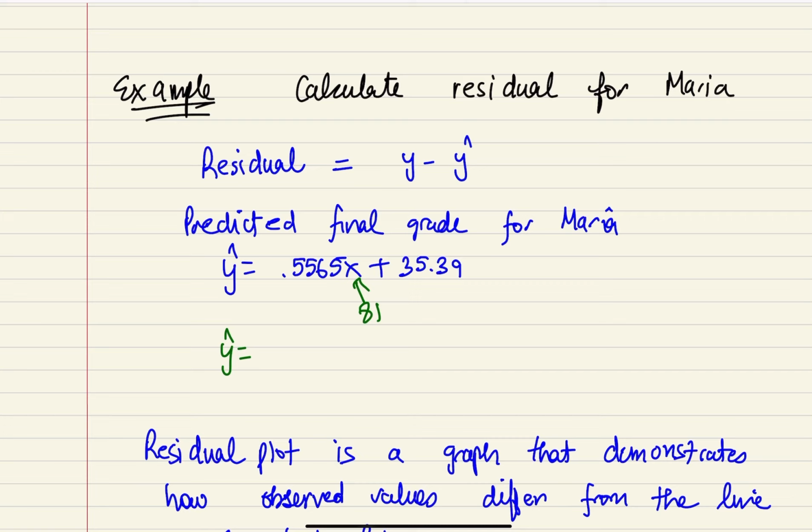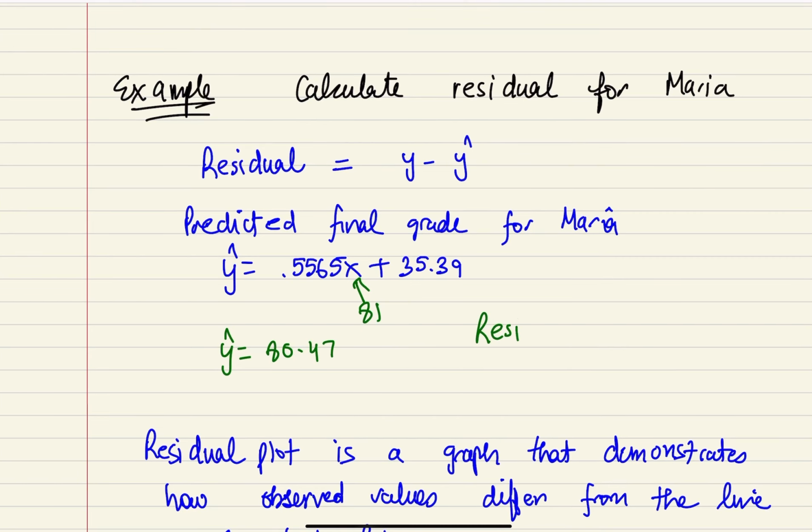Again, residual tells us the difference between the actual value and our predicted value. So 0.5565 times 81 plus 35.39 turns out to be 80.47.